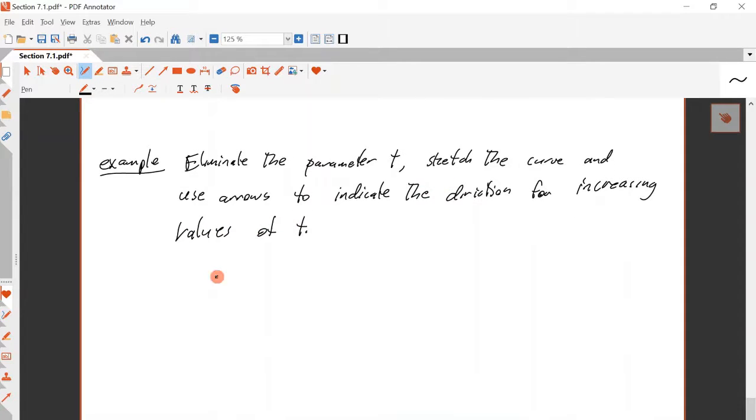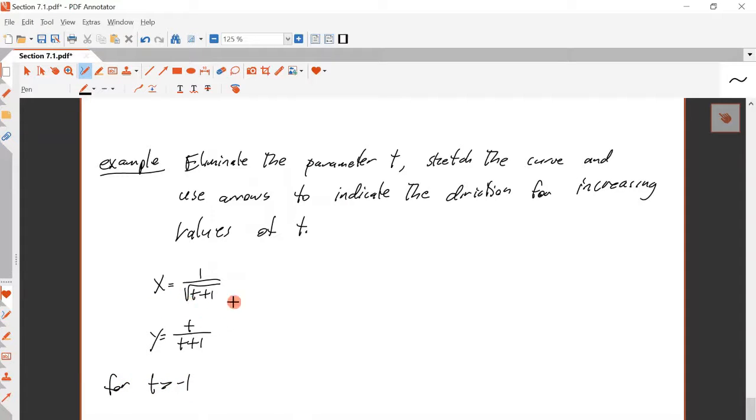So we'll say x is equal to 1 over square root t plus 1, and y is equal to just t over t plus 1, and we'll say t is bigger than negative 1.